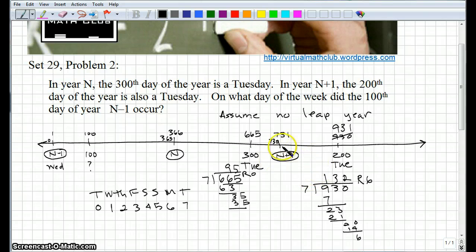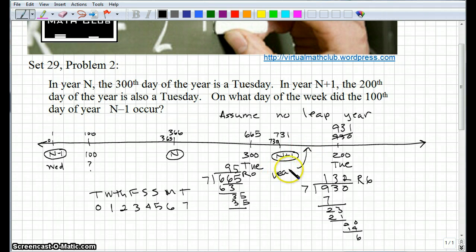So we know there's got to be an extra day in here somewhere between the 300th day of year n and the 200th day of year n+1, and we know that in leap years, the extra day is put into February, which is somewhere around the 60th day of the year. So it's before. So this had to be a leap year.